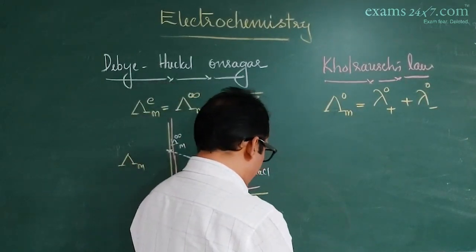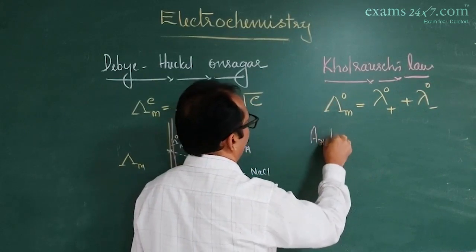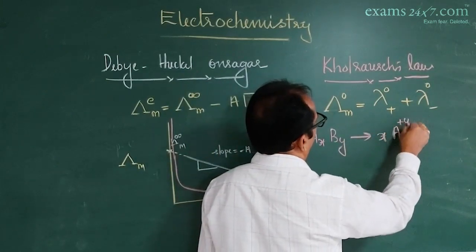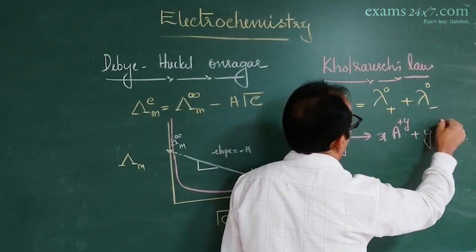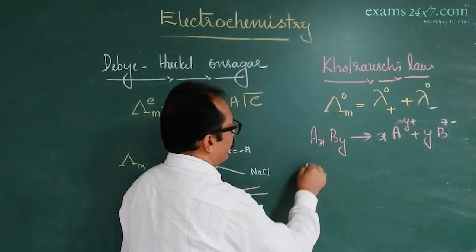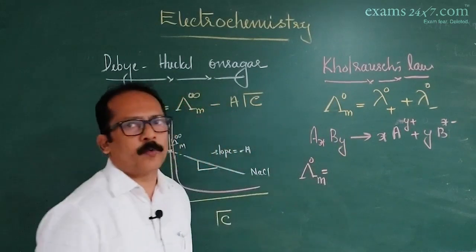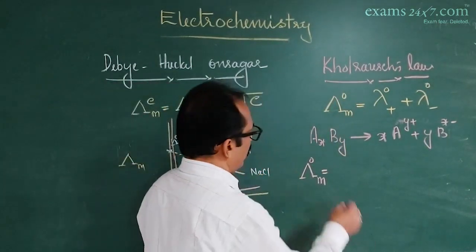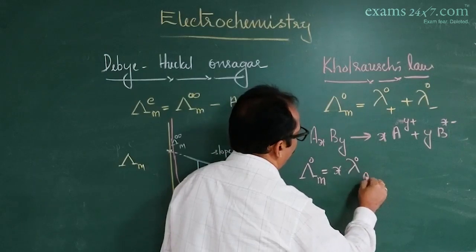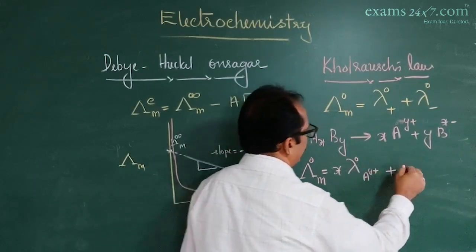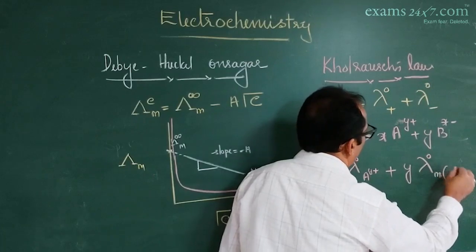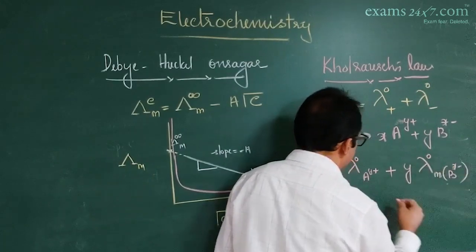If you consider an electrolyte A x B y that dissociates to give x A plus and y B minus, the molar conductivity at infinite dilution is x times the molar conductivity of the A cation plus y times the molar conductivity of the anion. Here B is the anion.